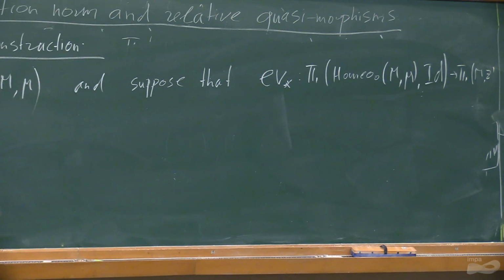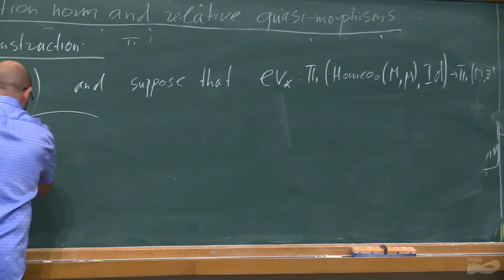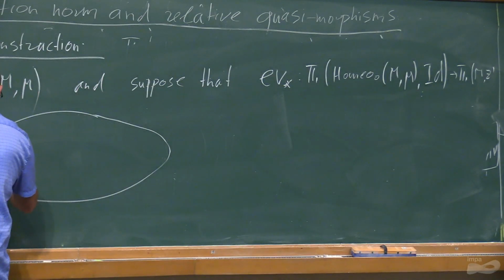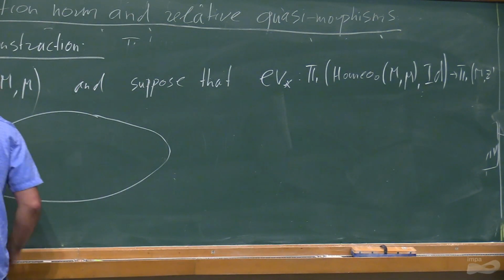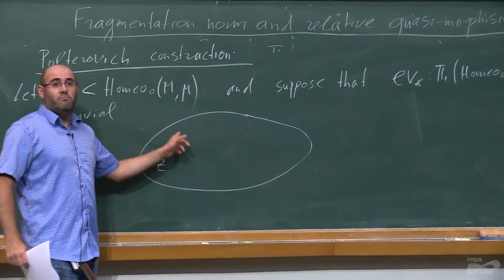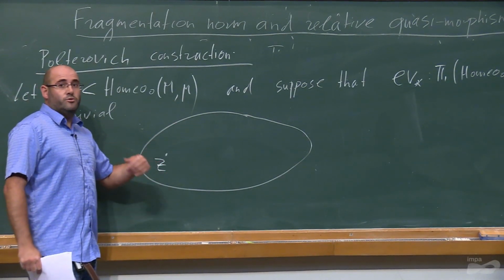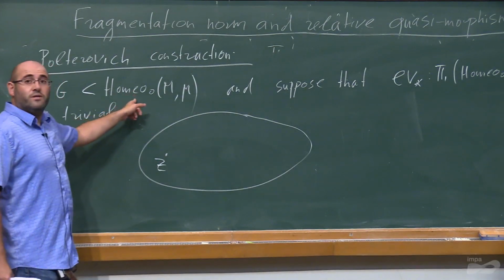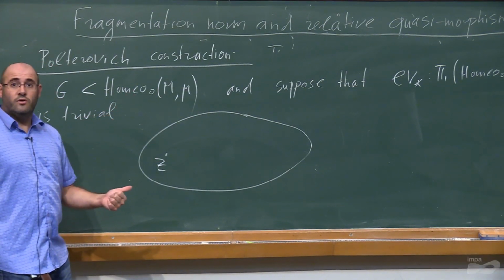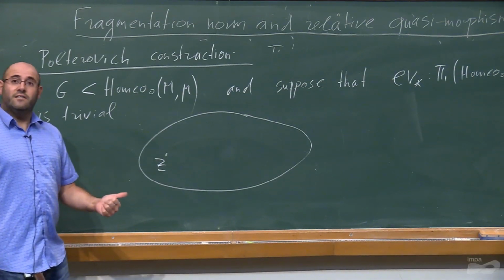So let z be the base point on M. This would be the picture. This is the picture of my manifold M. This is z. So now what I'm going to do is the following. I'm going to take some point x here, and I'm going to take some homeomorphism here. And then given this data, I'm going to construct a loop. Then I'm going to take the class in pi_1.